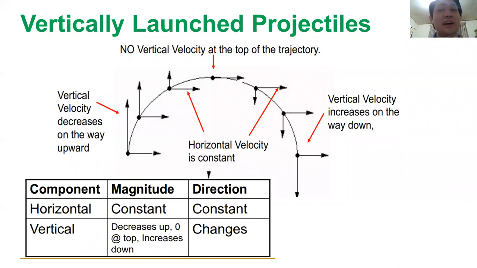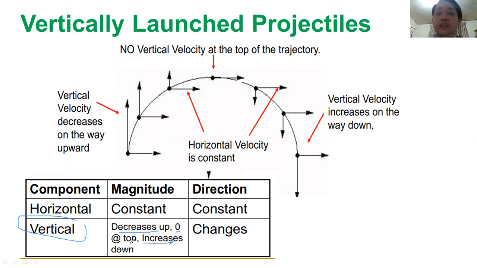So we can summarize this one. For the horizontal component, the magnitude is constant, and the direction is also constant. Under the vertical component, as you can see on the table, the magnitude decreases going up, is 0 at the top, and increases going down.